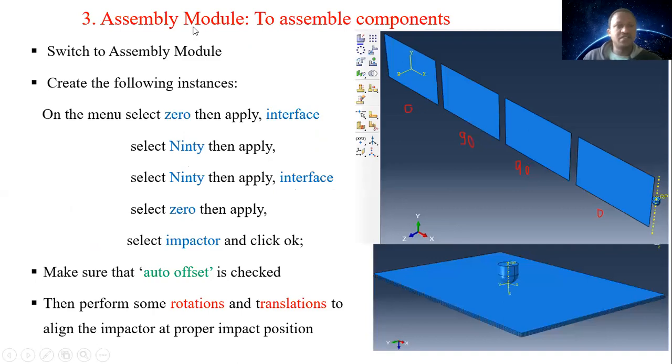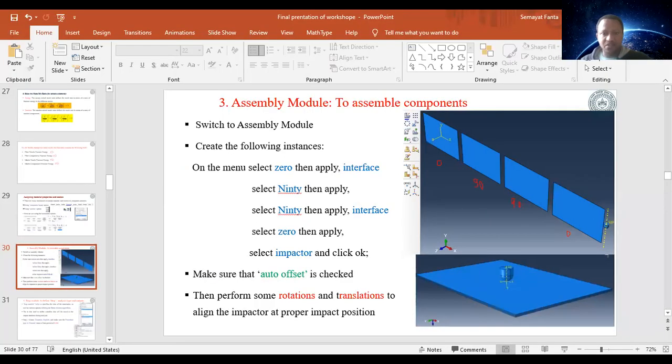And the next is the assembly module. In the assembly module, we can assemble the zero plies, the interfaces, and the impactor together. So how can we do this practically? For that, let me go to the Abaqus model. This is the model.